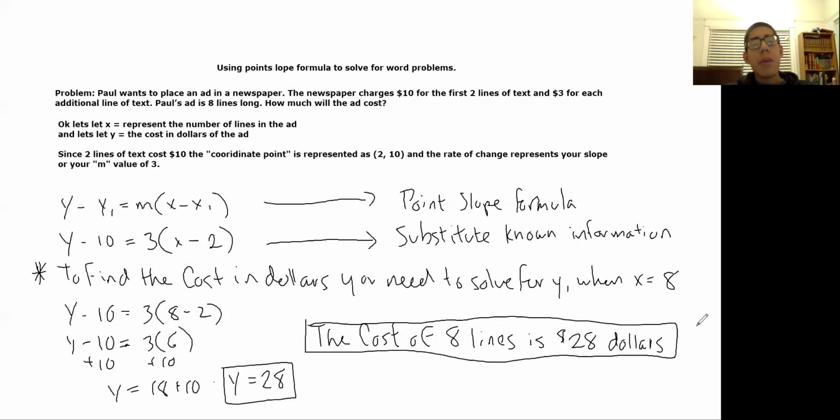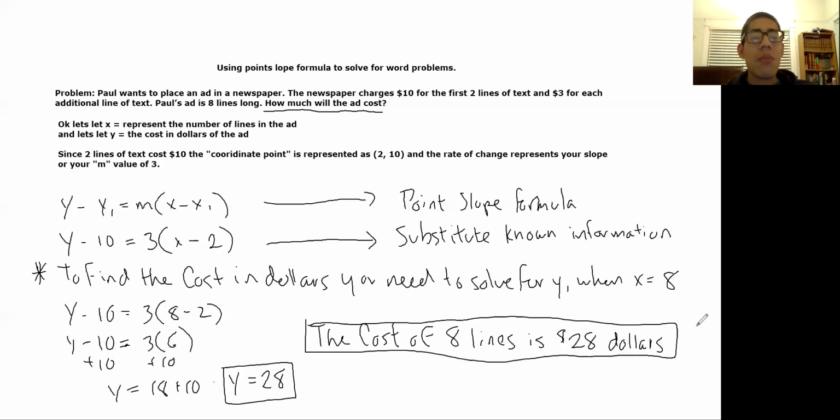Okay, so we went over, there's a couple things, right? We know that X represents the number of lines in the ad, right? And we know that Y will represent the cost in dollars. Why? Because the problem is asking us at the end, how much will the ad cost? This is ultimately what the problem is going to get us.